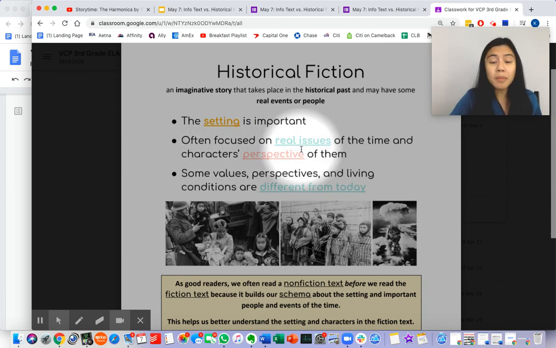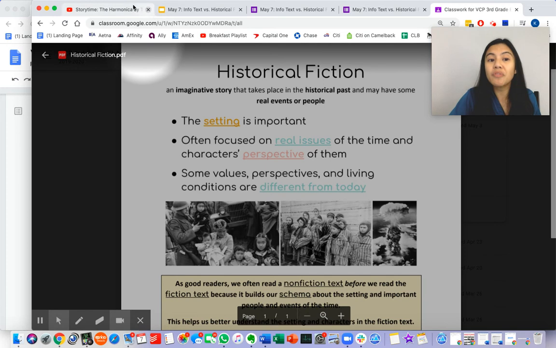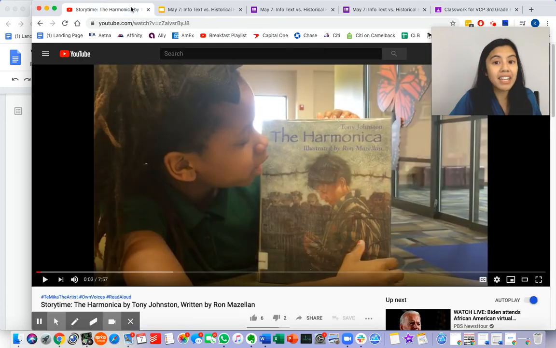It is very important that we're remembering those different characters' perspectives as we are reading our historical fiction text, The Harmonica, today. What do the different characters think or feel about the Holocaust and what is happening?